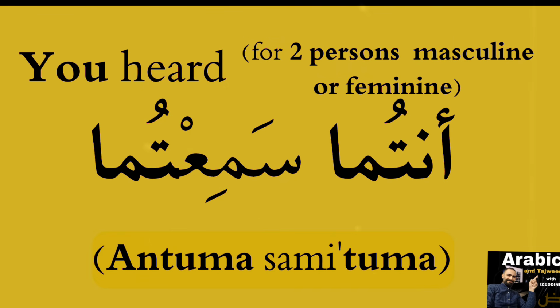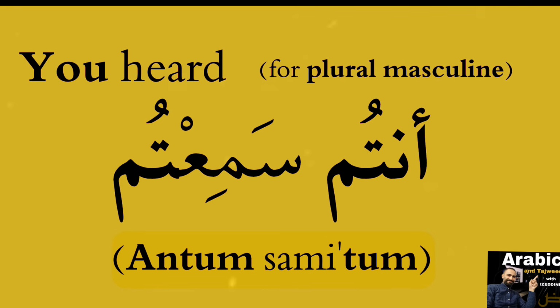You heard for two persons, masculine or feminine, so they are two persons, whatever they are. أنتما سمعتما. You heard for plural masculine. You are talking to a group of males. أنتم سمعتم. كل شيء.